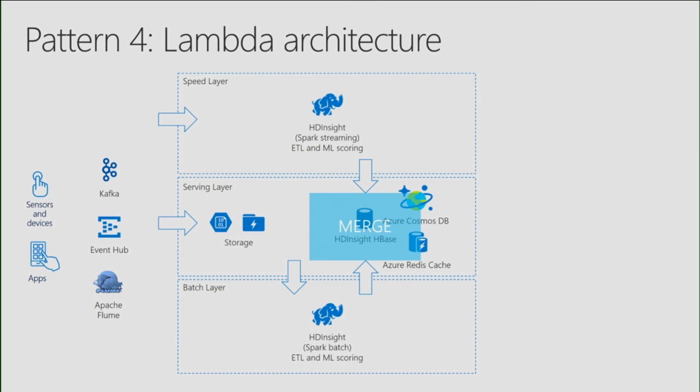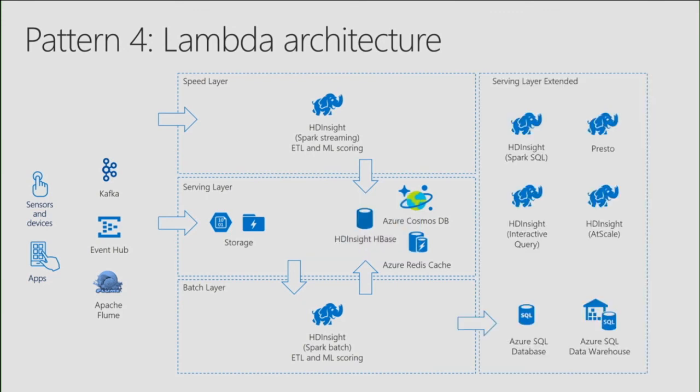So that's the idea behind Lambda architecture. In terms of serving of this merged information, there is, again, a variety of technologies available, including data warehousing technologies and NoSQL databases.